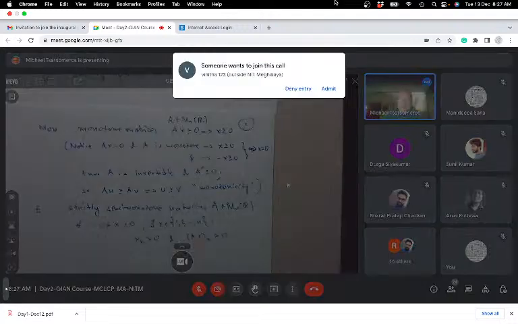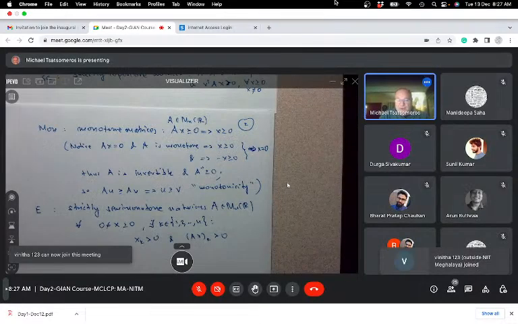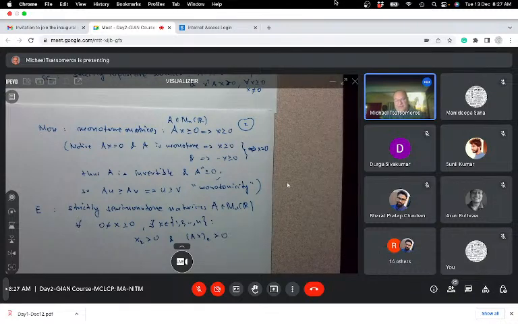Okay? So every time it hits a non-zero non-negative vector, it retains the sign of at least one of the positive entries of x.